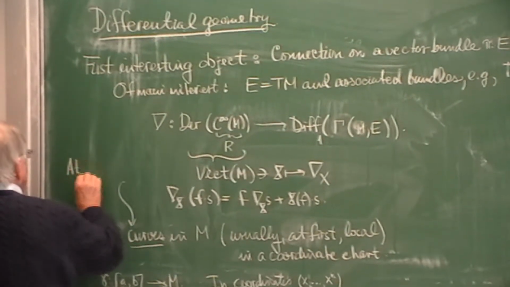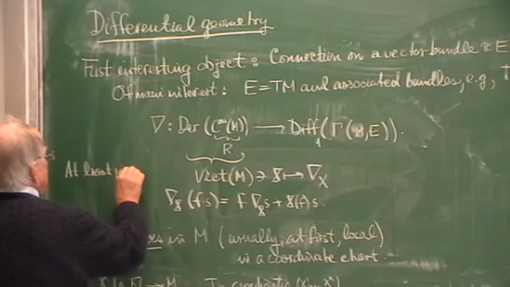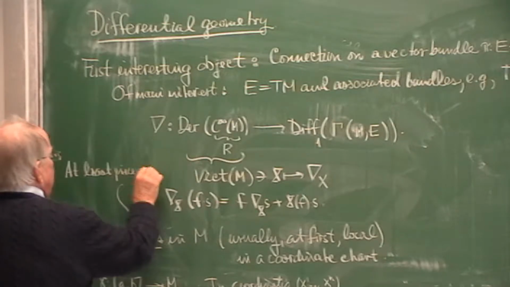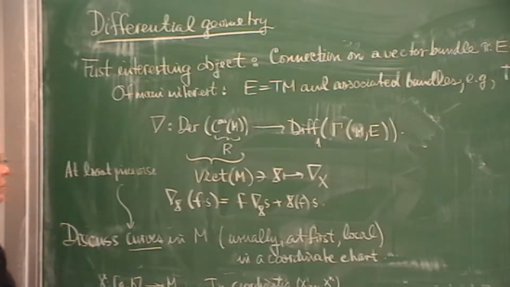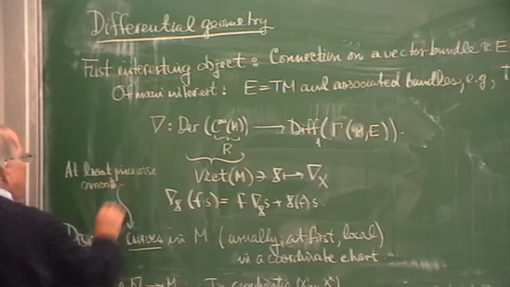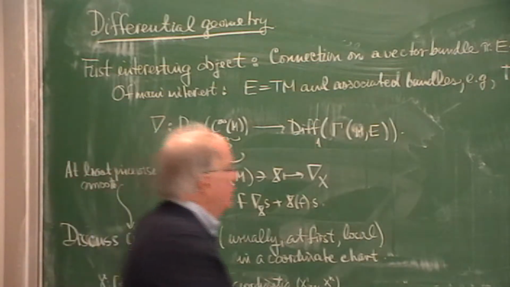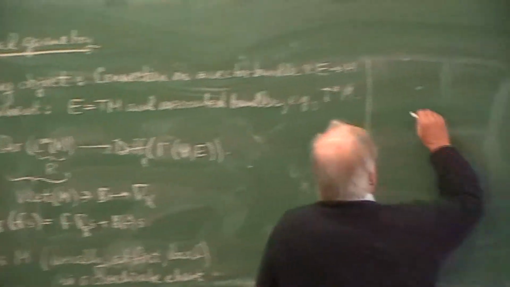At least piecewise smooth. And with one exception, almost always smooth. So we have some curve in a coordinate chart.